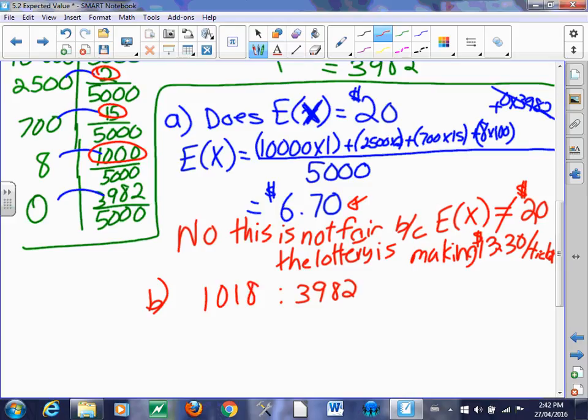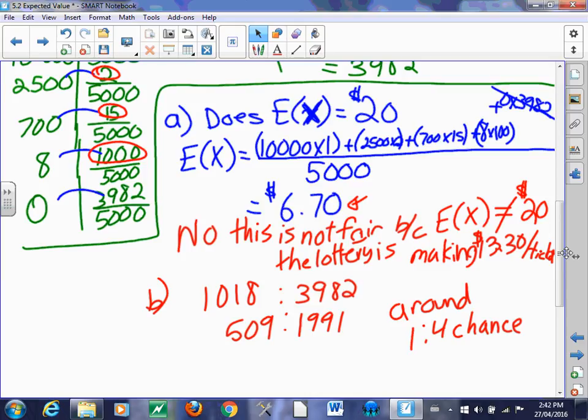Put that in lowest terms, which is 509 to 2,491. If we take a look at this, it's roughly 500 to 2,000, so it's roughly a 1 in 4 chance, or odds, of winning. Most lotteries are much different than that. That's pretty high, actually. Okay?